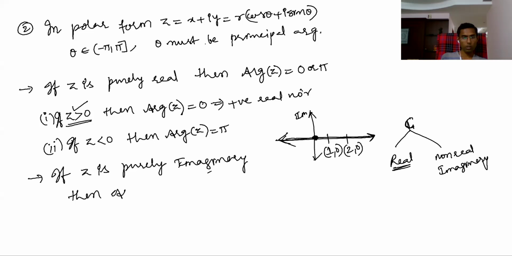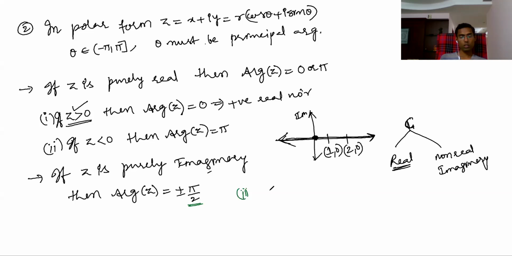The argument of z must be equal to plus or minus pi by 2. Okay, so here again two cases. If it is purely imaginary and on the positive axis, then it is plus pi by 2.